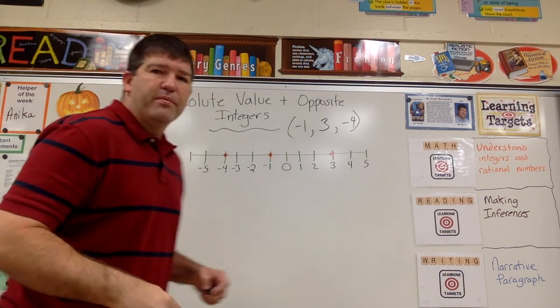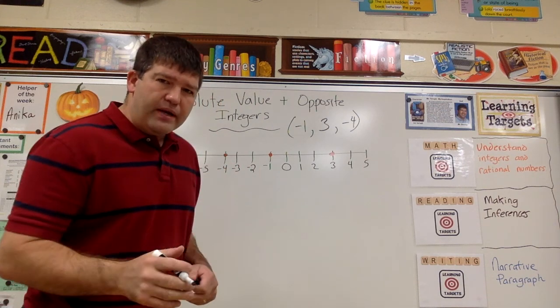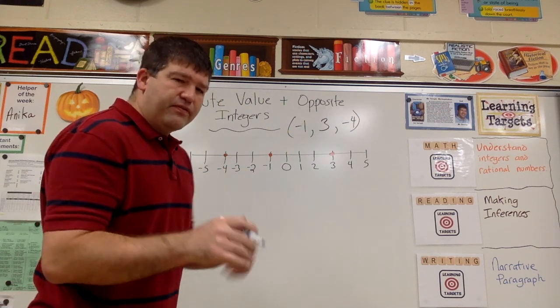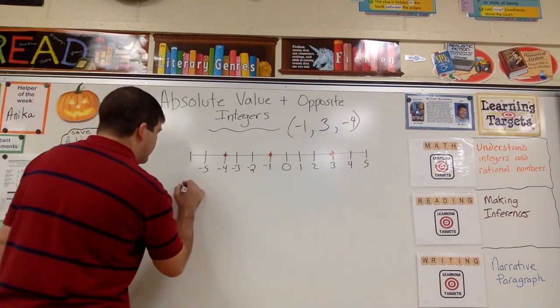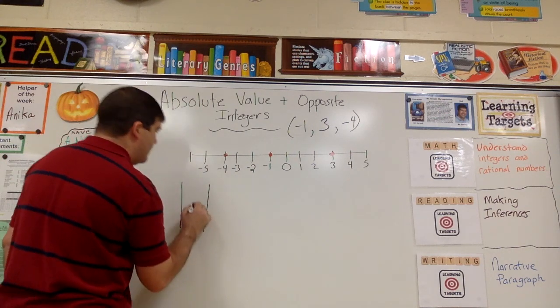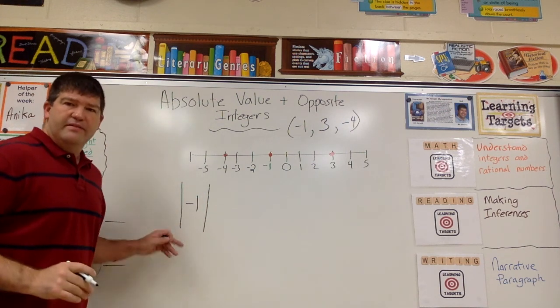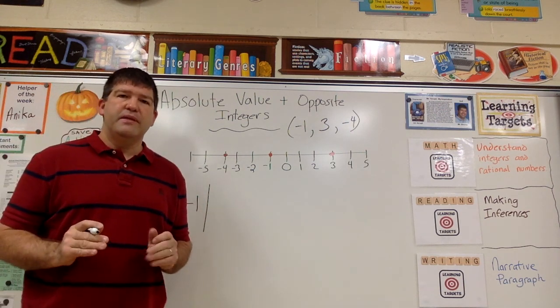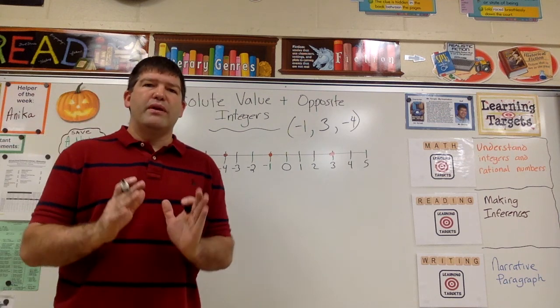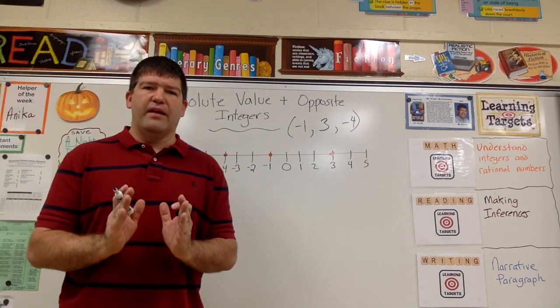Now I want to find their absolute value. One way they might ask you for absolute value is by going like this. These two lines next to them represent that they're wondering what is the absolute value of that.